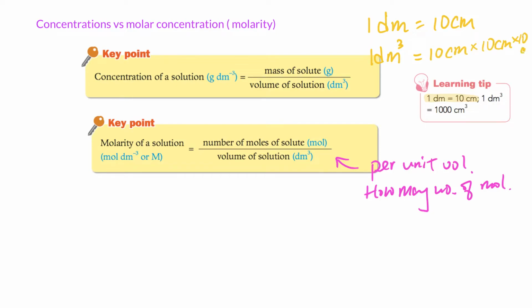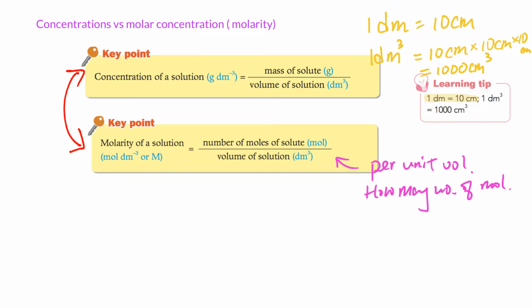By doing that, we can find that it will equal 1000 cm cube. So basically, we have to get used to how to convert cm cube into dm cube in this chapter.